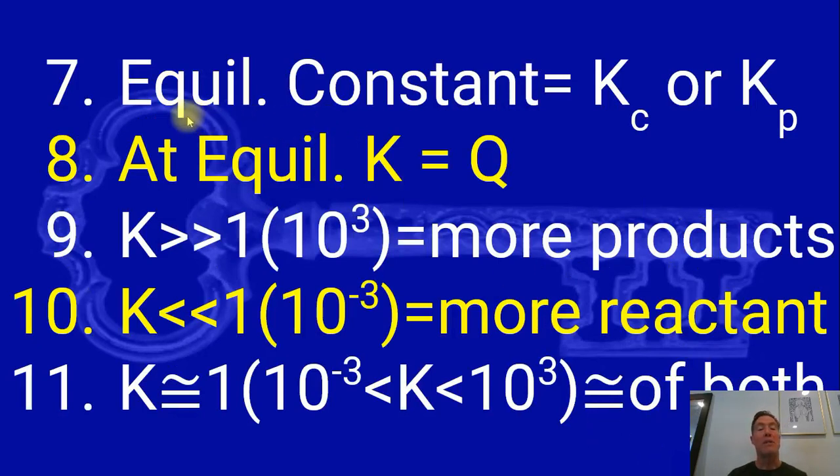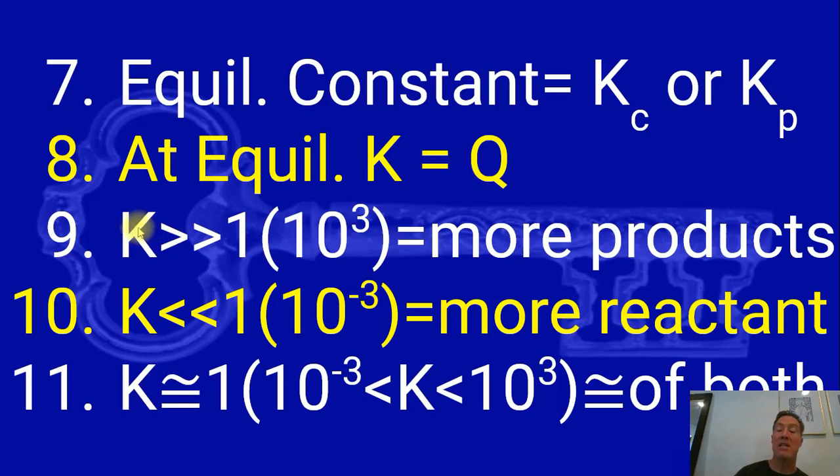We can describe this situation using an equilibrium constant, which is usually a Kc of molar concentration or Kp of partial pressure. We can also describe these things with what's known as a reaction quotient. And at equilibrium, the K value and the Q value, the equilibrium constant and the reaction quotient, will be identical.